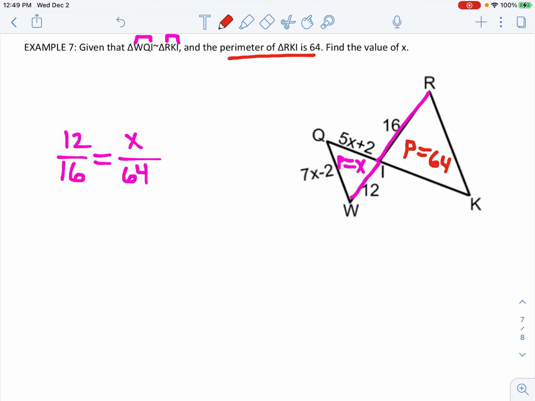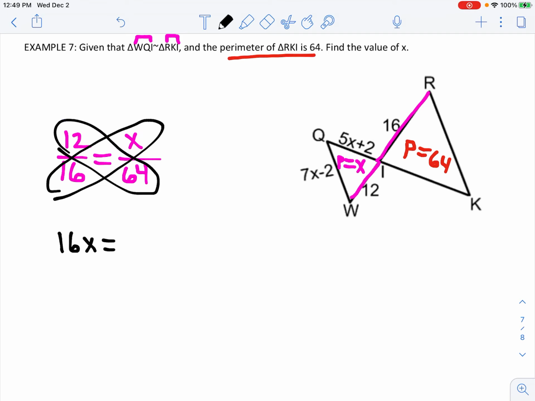Now, if I go ahead and cross multiply and solve this, I get 16x equals 12 times 64, which is 768. If I divide by 16, it tells me the perimeter of the second figure is 48.